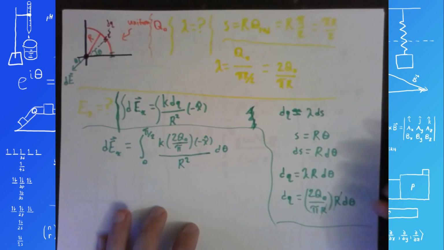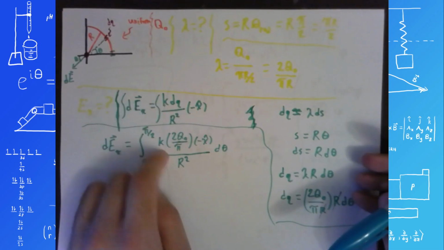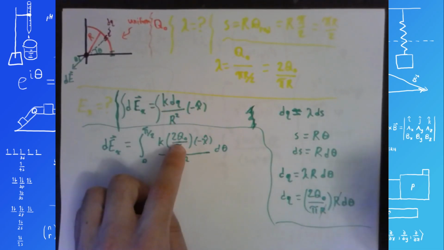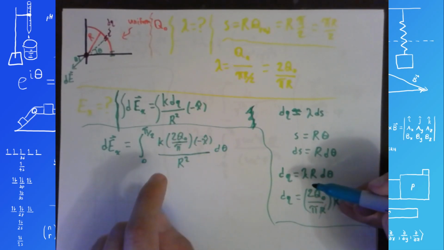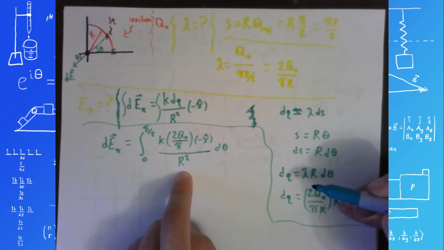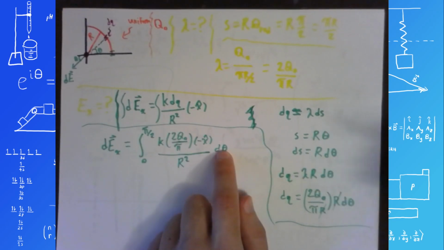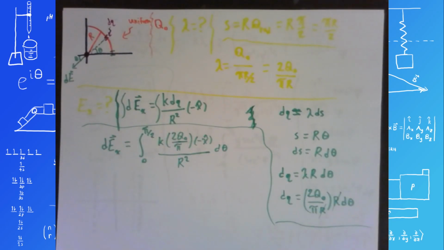Did I do all my substitutions correctly? K copied over, dq substituted with all that stuff, copied over the negative x hat, and copied over the big R squared. Yep, we're good to go.